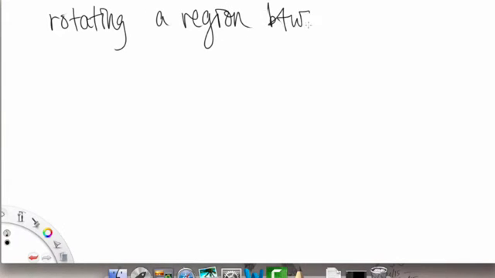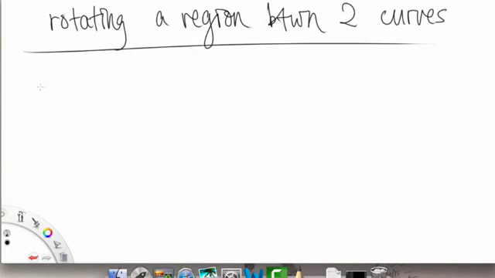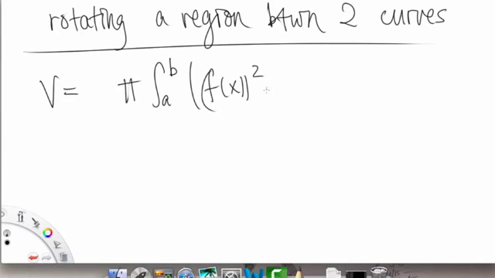So when we rotate a region between two curves, our formula is V equals pi times the integral from a to b of f of x squared minus g of x squared.